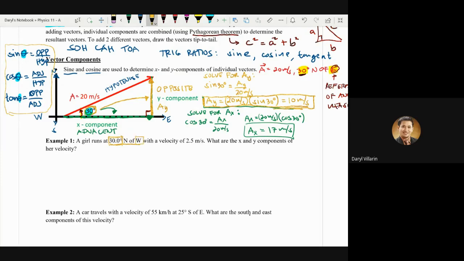So that means that this 30 degrees is measured from west. So if I'm going to draw my vector, I know that it is in the second quadrant. So this particular vector should be in the second quadrant.